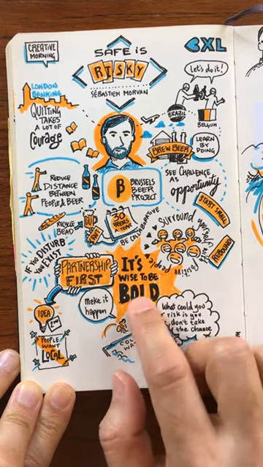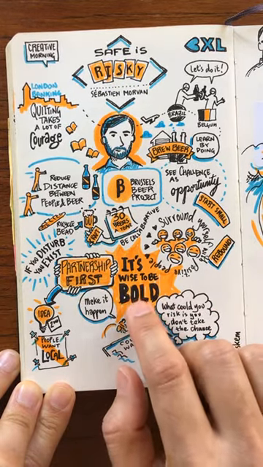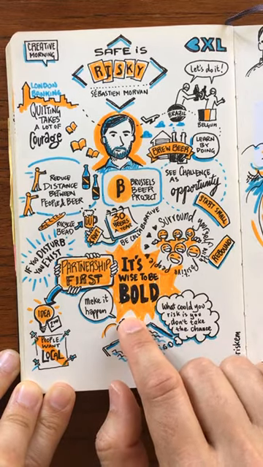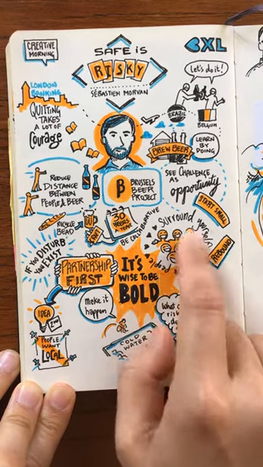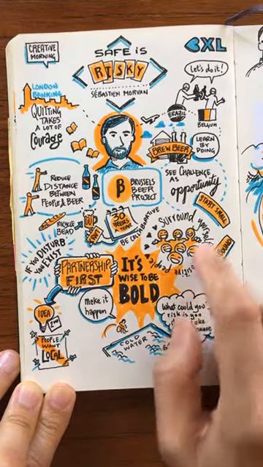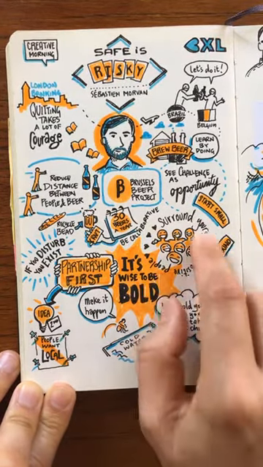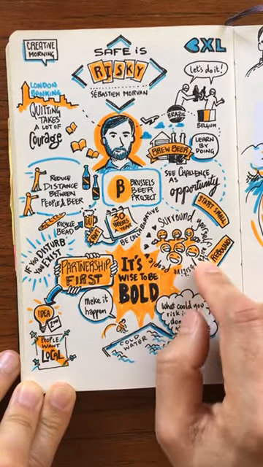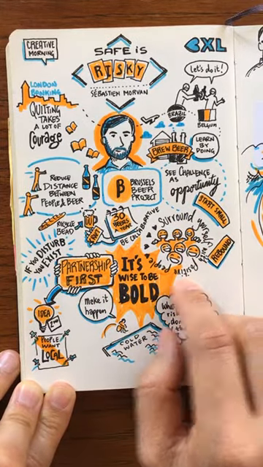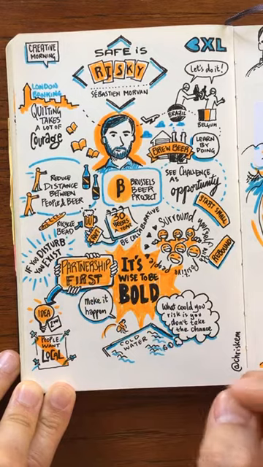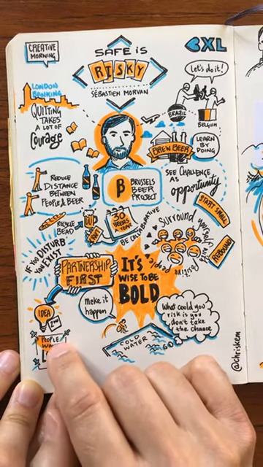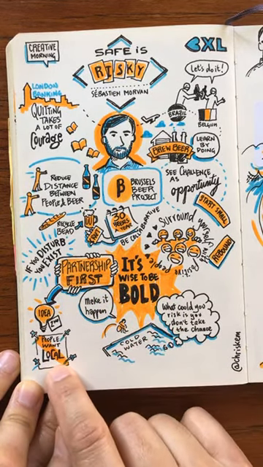The biggest takeaway from his talk I remember is risk, taking the big risk. Start small, surround yourself with positive people. I think that was the biggest takeaway for me. Partnership first. People want local, so yeah, local.